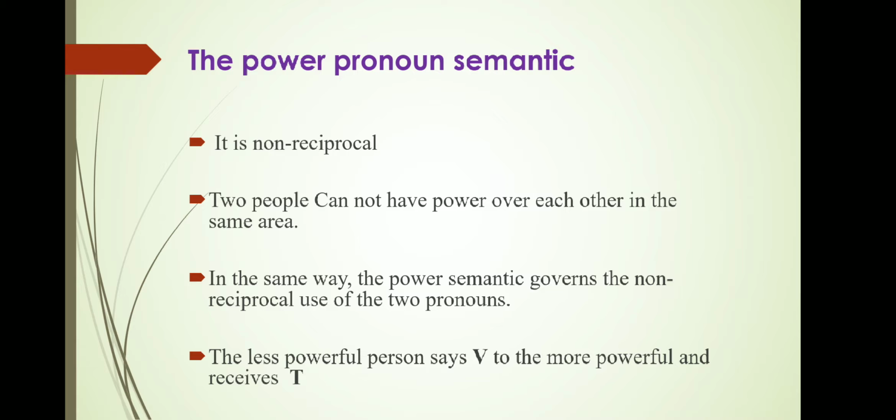Why is it not reciprocal? Because two people cannot have power over each other in the same area. And in the same way, the power semantic governs the non-reciprocal use of the two pronouns. So the least powerful person says V to the more powerful and receives T.